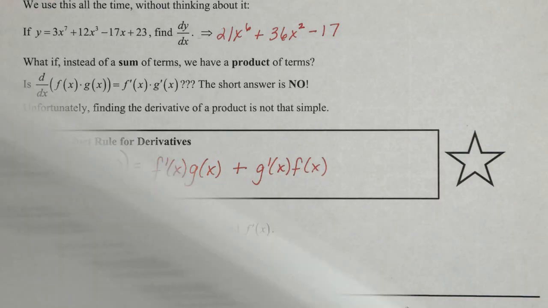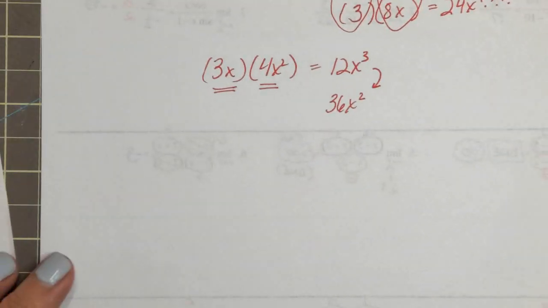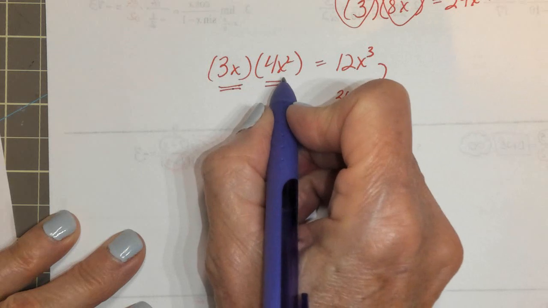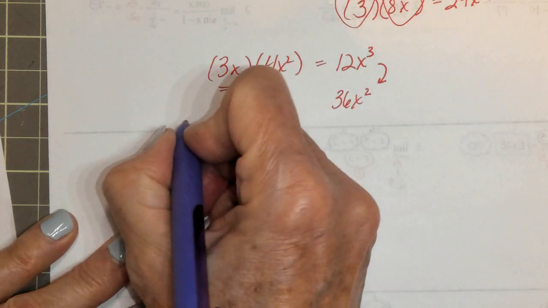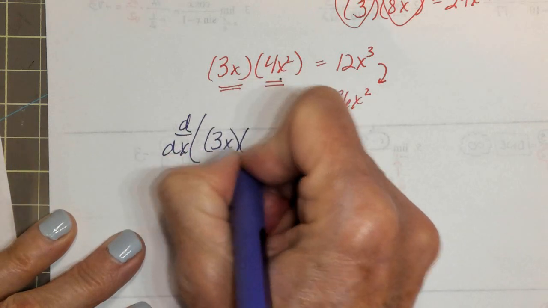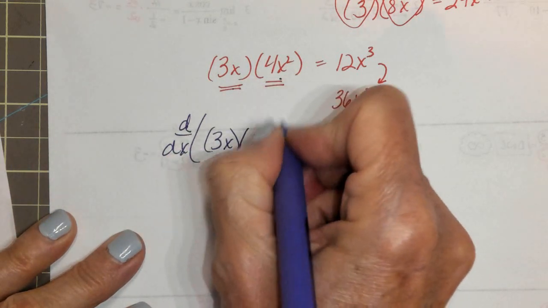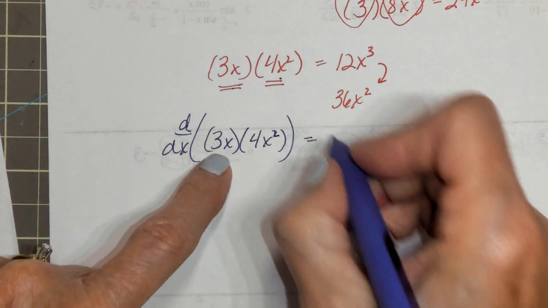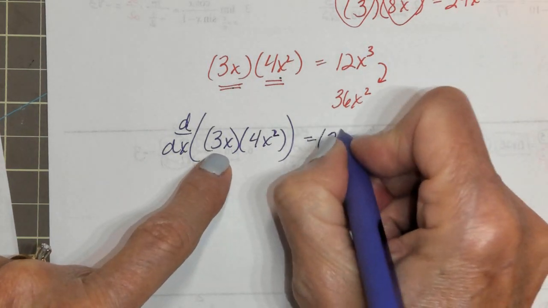Let's go back to our little example here. If we apply that to 3x times 4x squared, I'm going to start at the first function and take its derivative, 3.